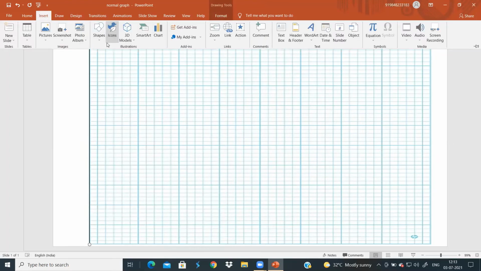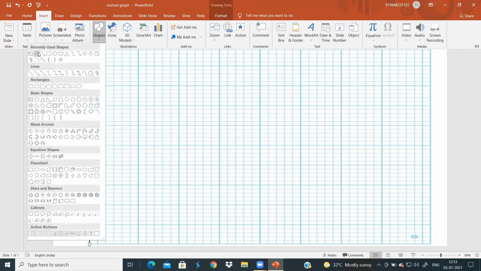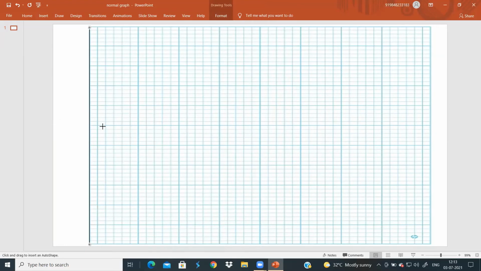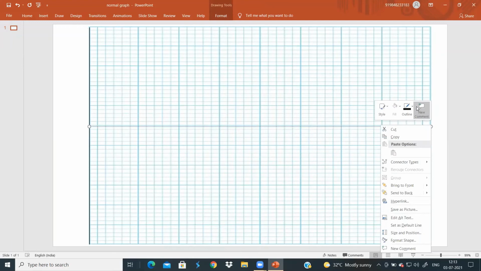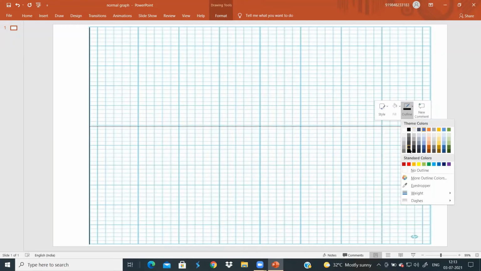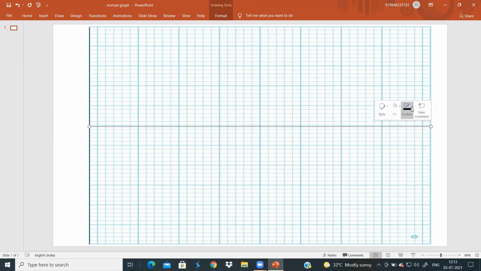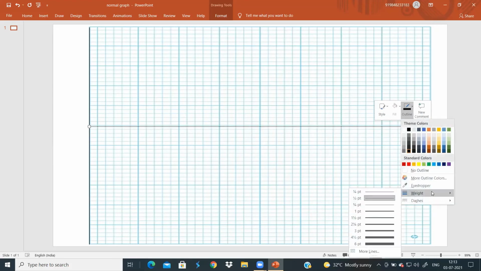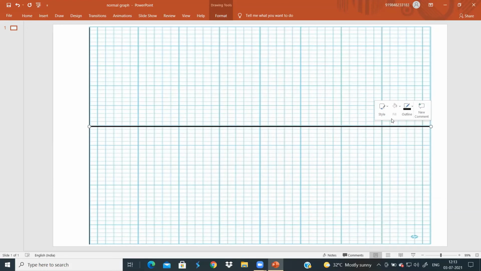Right? So now in the same manner, we will draw the x-axis. So now on x-axis, time period T we have. On y-axis we have voltage V.